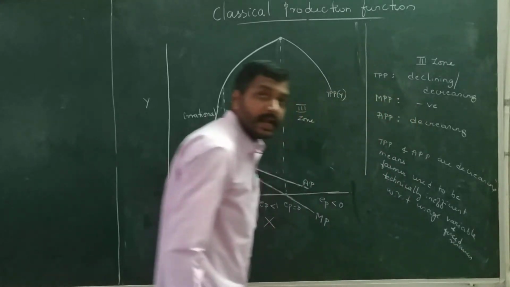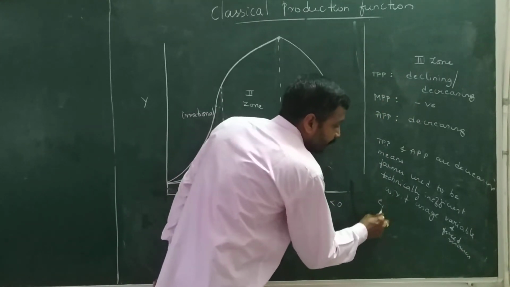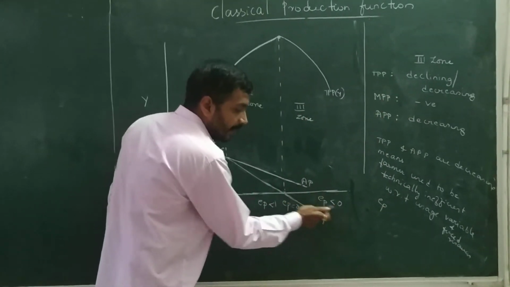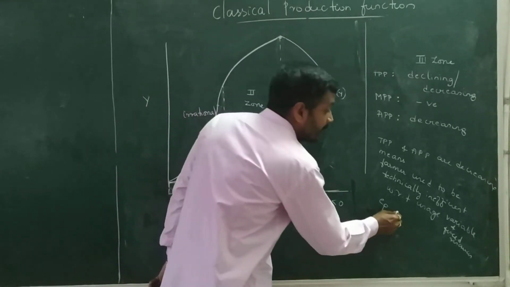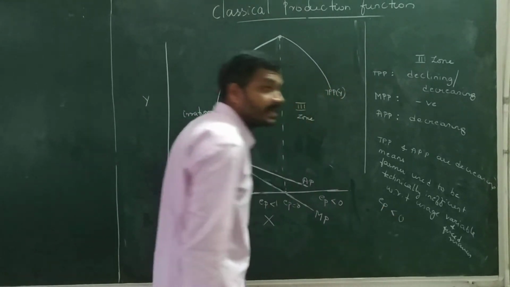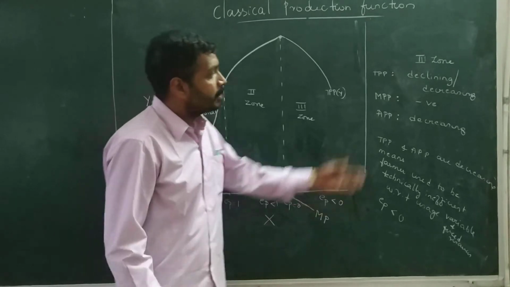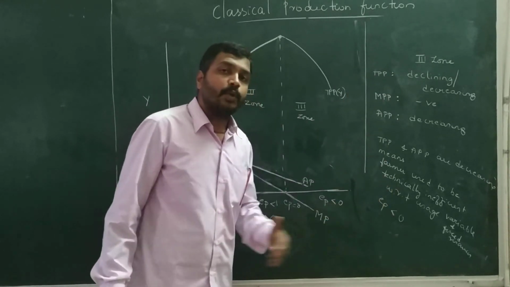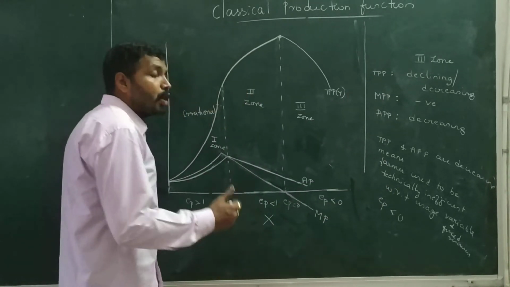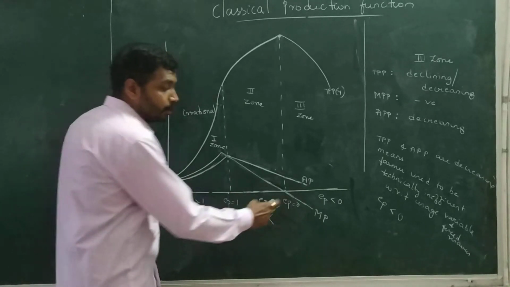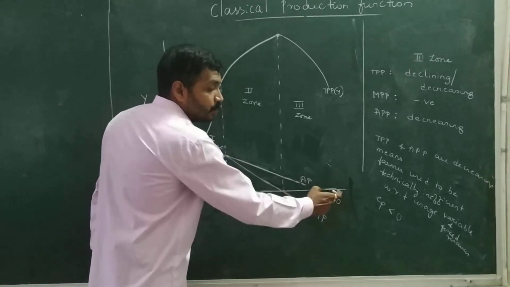And next, the value of EP will be negative, less than 0. If you consider all these characteristics, you can easily say that it is not rational on the part of the farmer to operate in this particular zone.